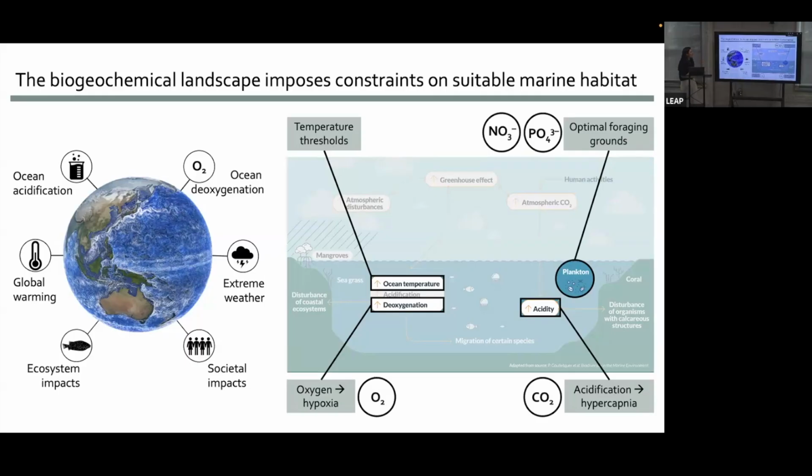Different marine organisms have different temperature thresholds, and of course, biological productivity in the ocean is a really important proxy for optimal foraging conditions. So the biogeochemical characteristics of the ocean really bound suitable habitat today and will also govern how species movements and behavior will change in the face of climate change.